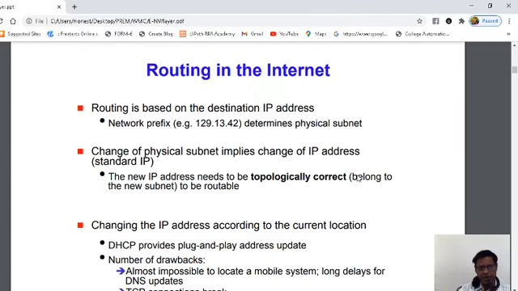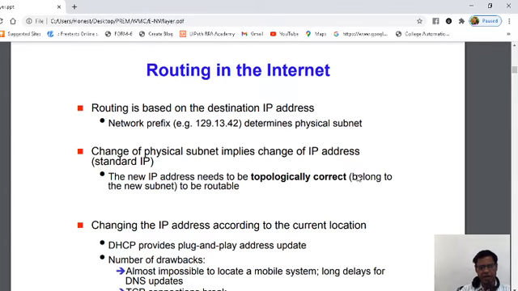Here we can see the network prefix, for example 129.13.42. These IP addresses are given for routing to the internet, and a change of physical subnet implies a change of IP address.